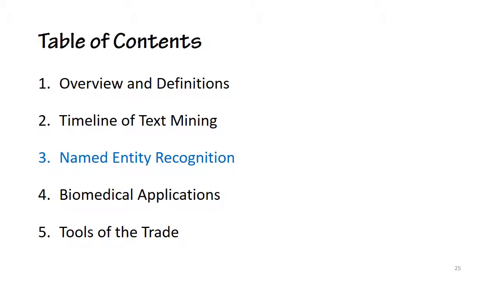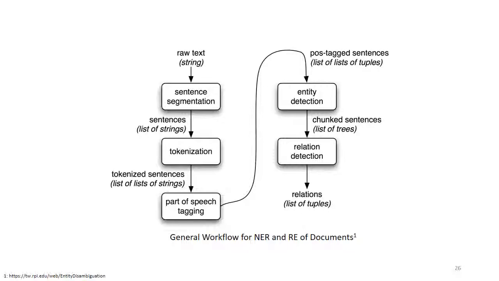So let's move on to named entity recognition, as well as some technology and uses. So this is a workflow of text mining as it relates to extraction. We start with the raw text, and it's broken up into sentences.